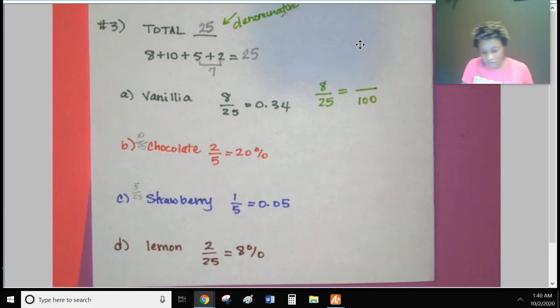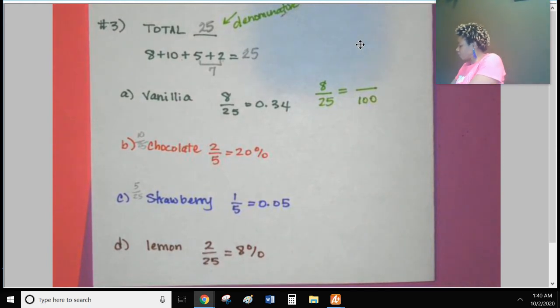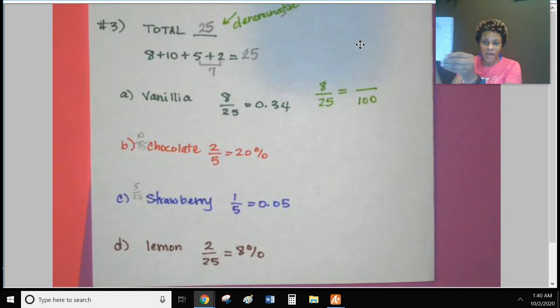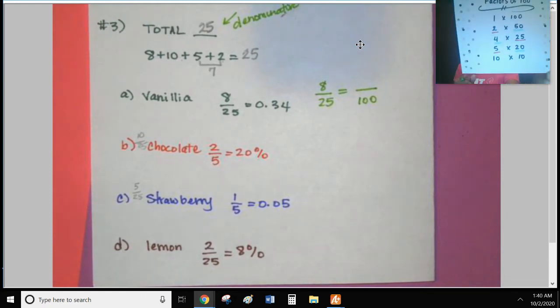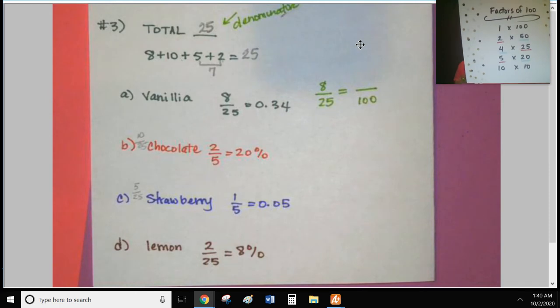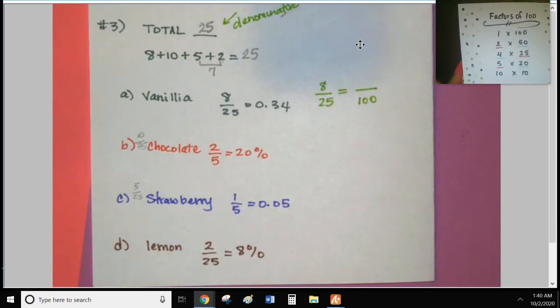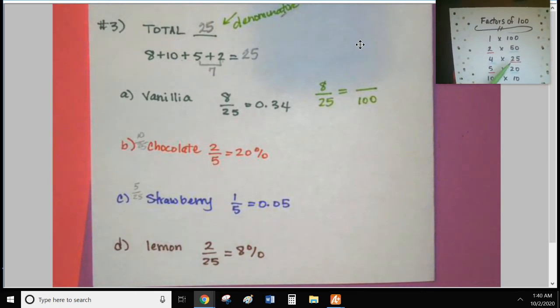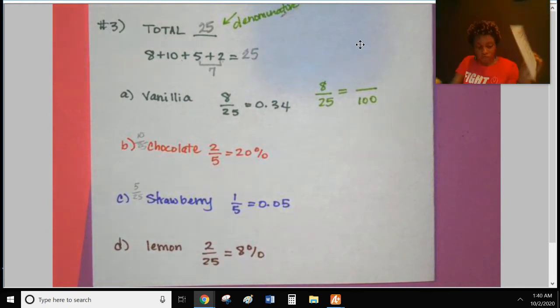I was looking to see if I had my paper with my hundreds on it, but I don't think I do. Yes, I do. Factors of 100. All right, so here's my factors of 100 paper. What times 25 will give me 100? 25 times 4 will give me 100, okay?